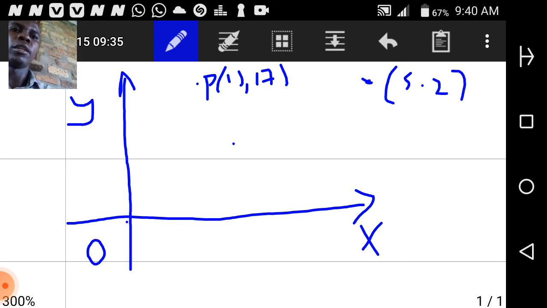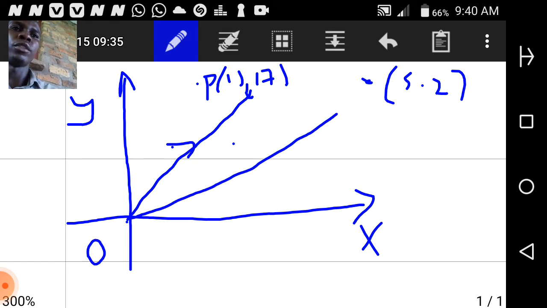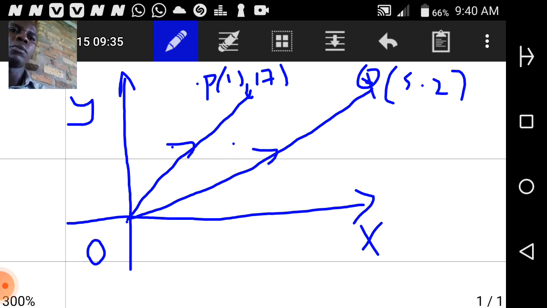Then I can move from O to Q, and the same thing I can also move from P. The displacement if I want to move from P to Q means I will have to move like this.